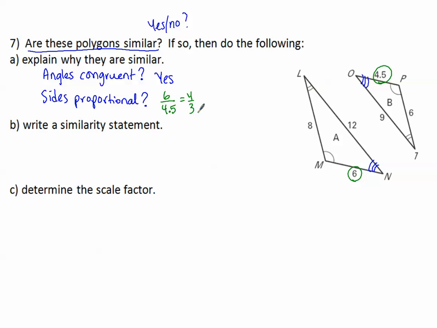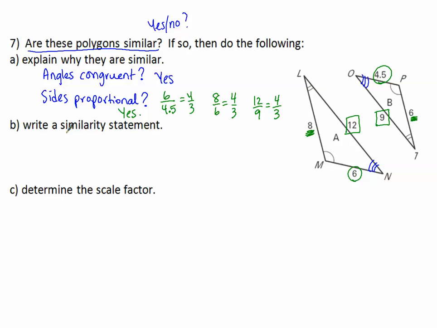Let's take another pair of corresponding sides. Medium length, medium length. 8 over 6, 4/3. Start to see a pattern? How about the large sides? 12 over 9. Also 4/3. So notice that we're getting 4/3. So the sides, when we make ratios, all equal each other. So the sides are proportional, yes.